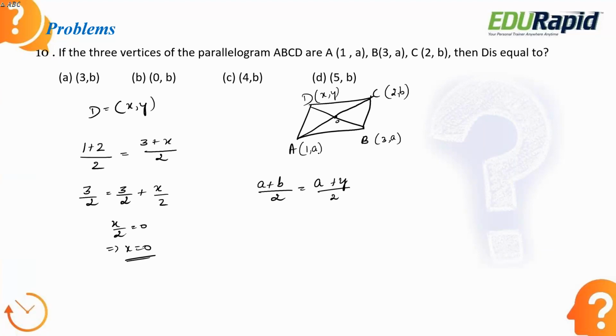Take the alternate x and y axes, okay? So here a by 2 plus b by 2 is equal to a by 2 plus y by 2. I can cancel out these two. And I have b is equal to y, or y is equal to b. So what is my option? B. Very good. It is 0 comma b. That's the right answer.